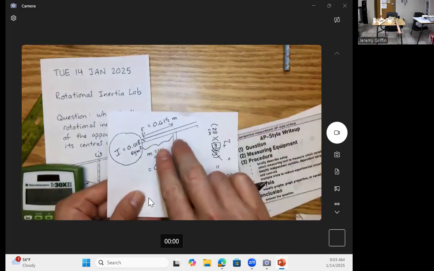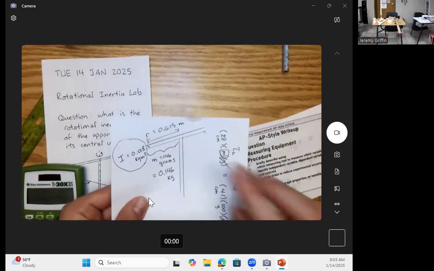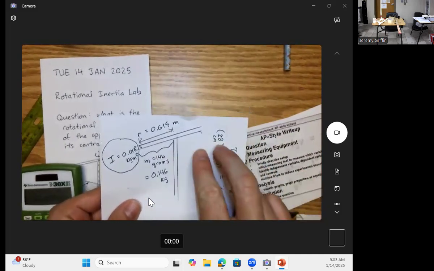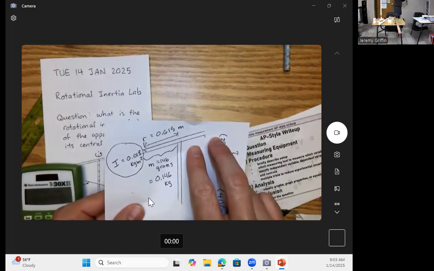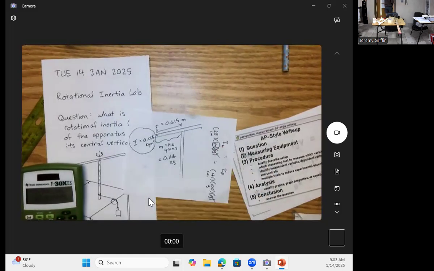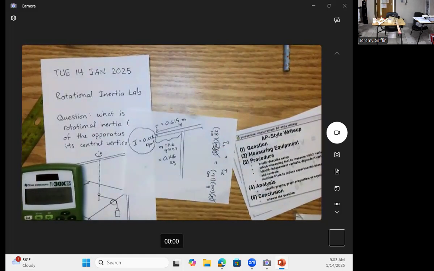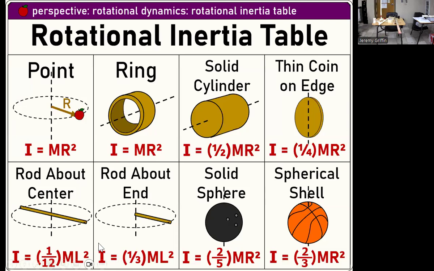Now, I bet this other arm on the other side is probably the same. Guys, you think this other arm is probably the same? Yeah. The equation I just used is this one right here, 1/3 ml squared, because that is one arm going around. Now, the fact that there's another arm on the other side, can I just say times two? Also, there was a central vertical axis that has a really small radius, about a centimeter, so maybe that adds a little bit.